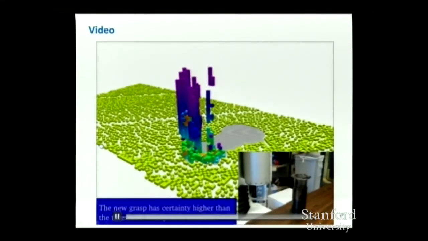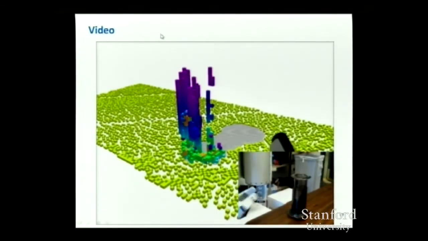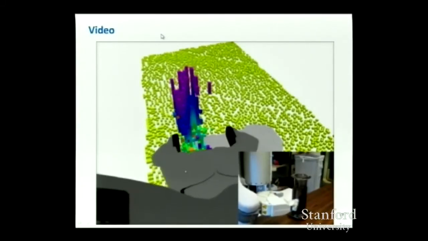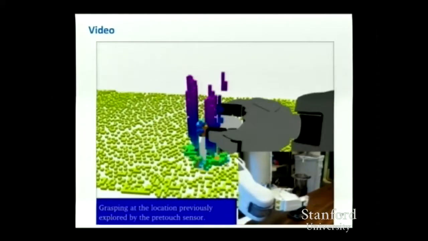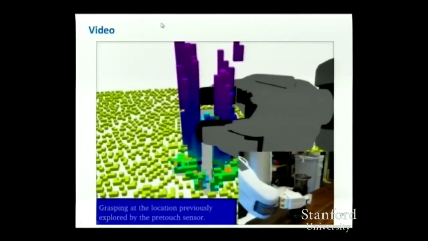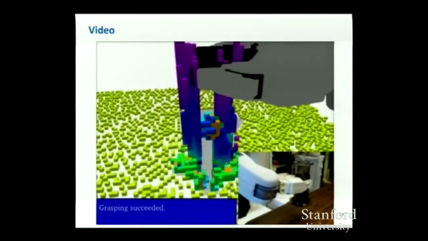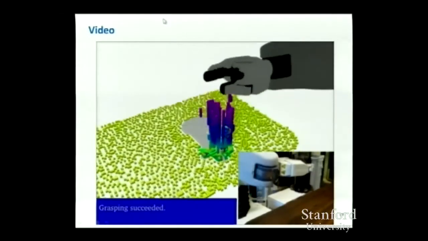And if the process converges, then eventually we get to a point where the points we want to grasp we're sure have something there, and we go ahead and do the grasp. So eventually the idea is to combine the grasping procedure with this pre-touch sensing so that it just happens as all part of one process.